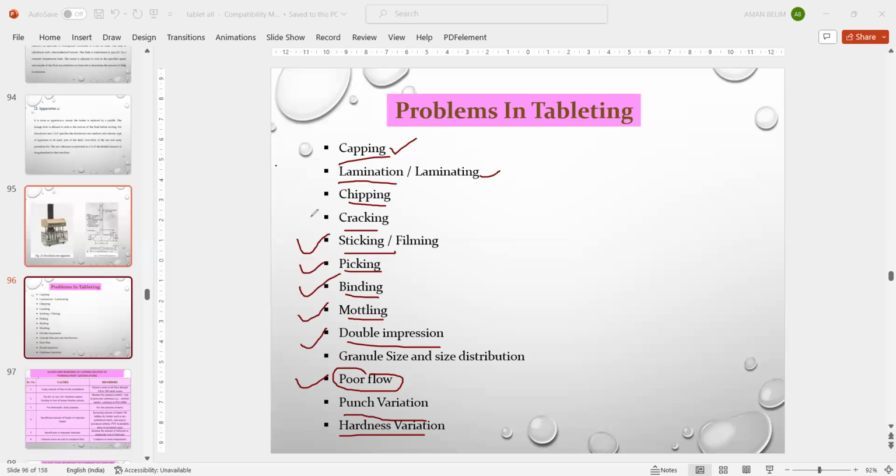We'll discuss all of them in short with their solutions, because they ask this question, as we observed yesterday, in GPAT 2023. They asked a question on capping, and the other problems, like lamination and mottling, were also in the options.